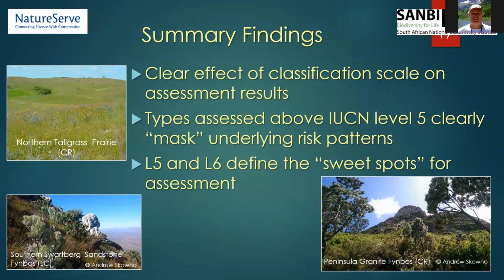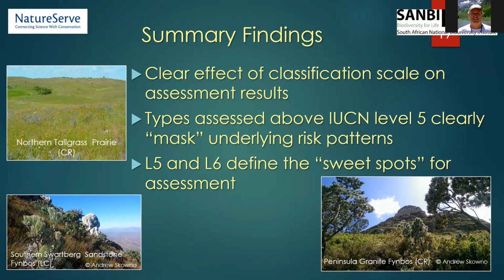In applying an at-risk criteria to standardized classifications, we provide one important focus for governments and civil society to prioritize conservation efforts. However, users of ecosystem risk assessment methods should be aware of the implications of classification approach and thematic detail in their outcomes. Using these two examples, we demonstrate a clear effect of classification scale on assessment results.